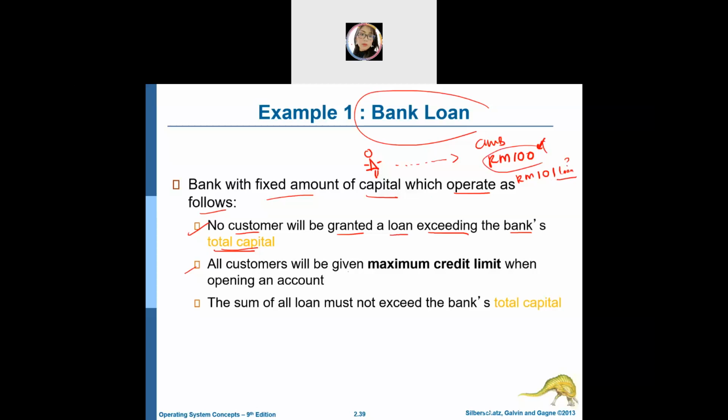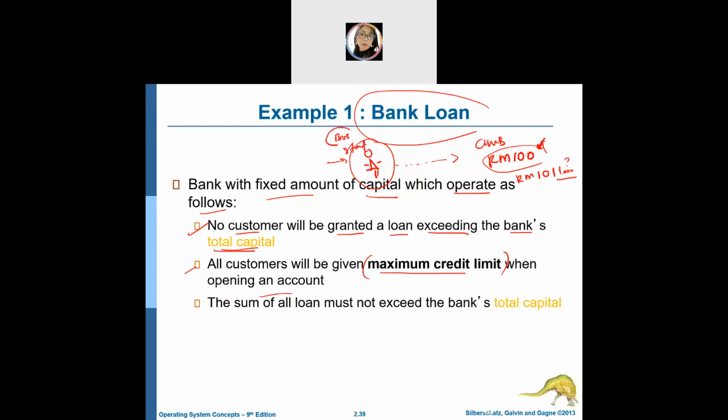Second, all customers will be given a maximum credit limit when opening an account. So it also looks at your background. Not everyone is going to have a similar maximum credit limit. Let's say you work as a boss and I am just a staff.